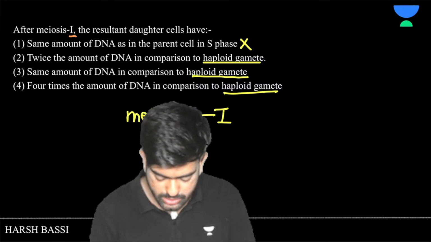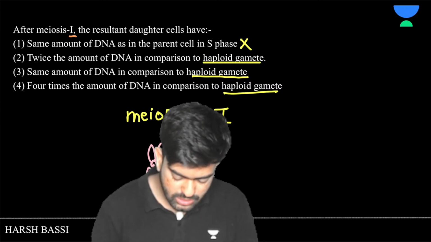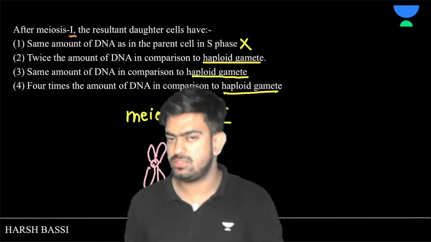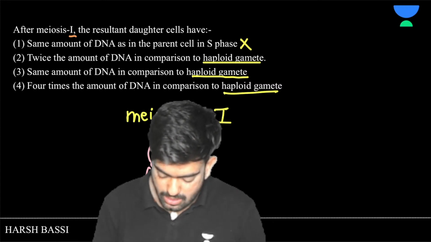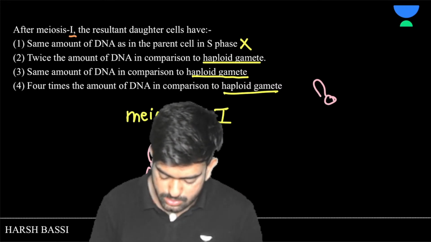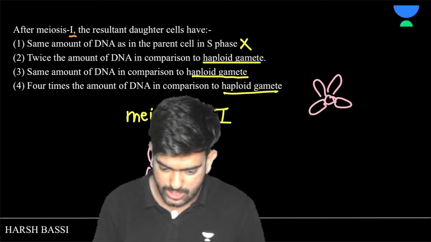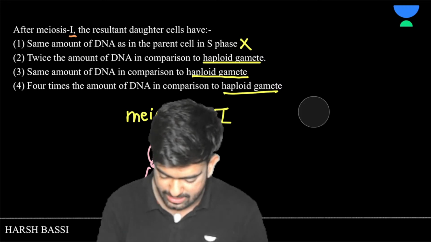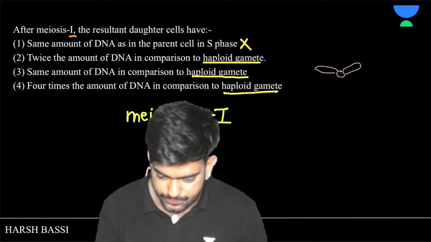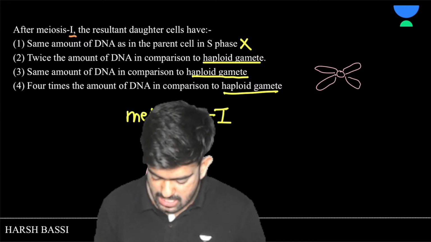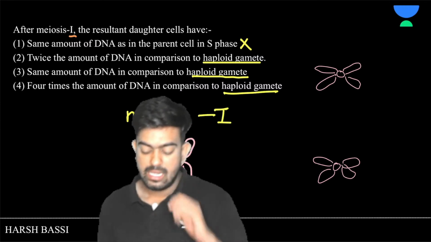So in meiosis 1, what happened? Let's get back to anaphase. In anaphase this was the condition, and during this anaphase, the homologous chromosomes got separated. Let me draw a diagram for you all. One goes to this pole and one to the other pole.